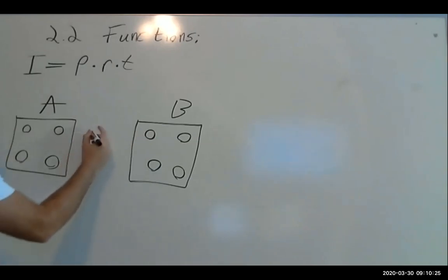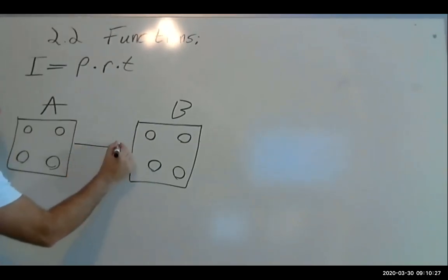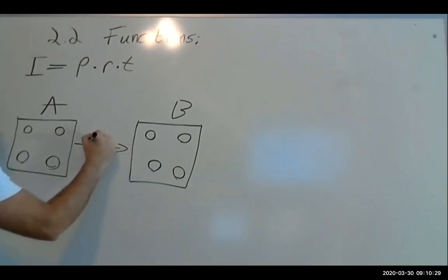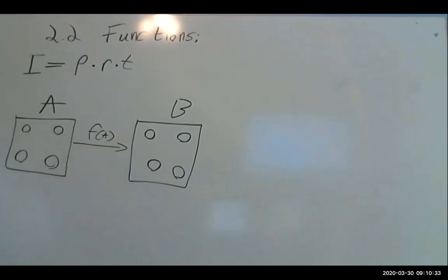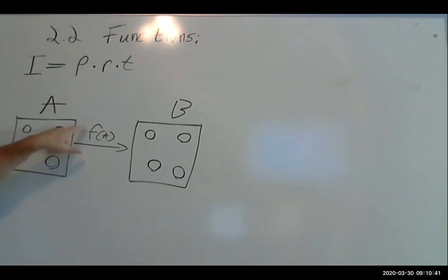All right. So this is how we generally write a function. It is a function of A. So A in this case is the input. So there are a couple rules though.